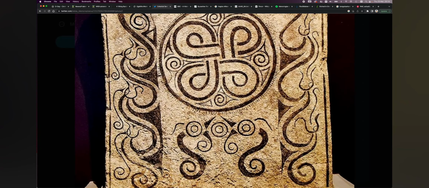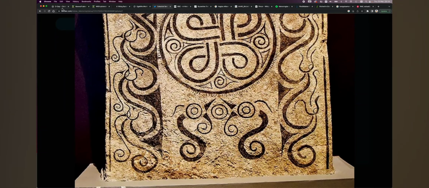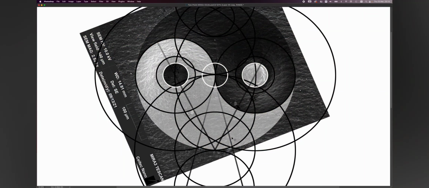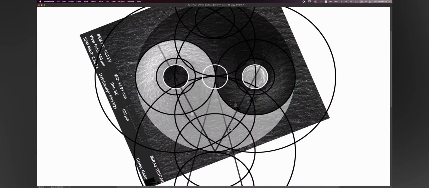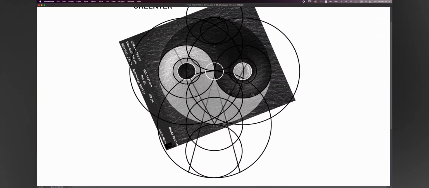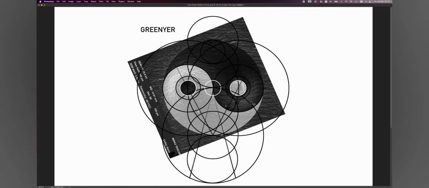where we have the same kind of ratio here, and we've got a vortex going on. So I think they knew more than we give them credit for, and certainly the Coptic Christians knew a lot, and I think we really are going to find a lot of art from ancient times and even long before Christ reflect this sacred geometry.